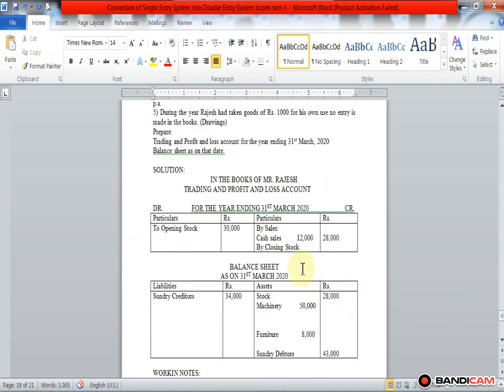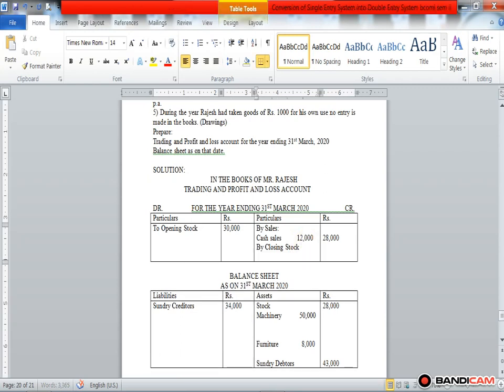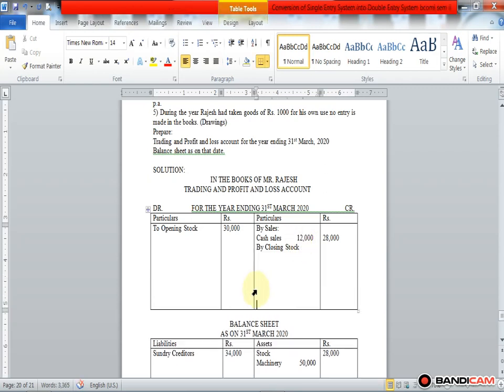So here by sundry receipt amounted to rupees 600.